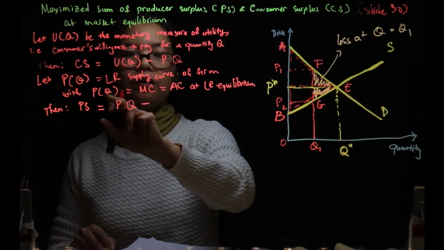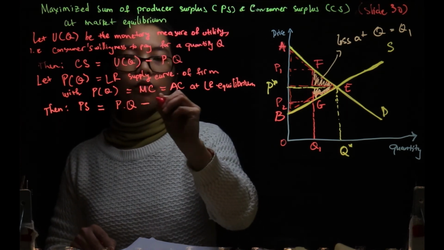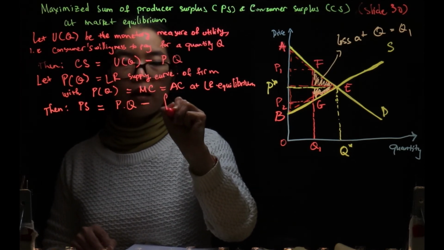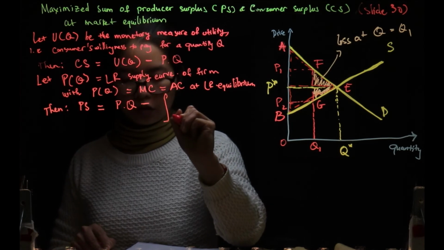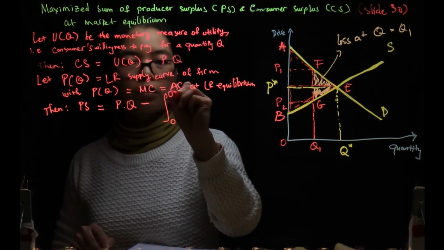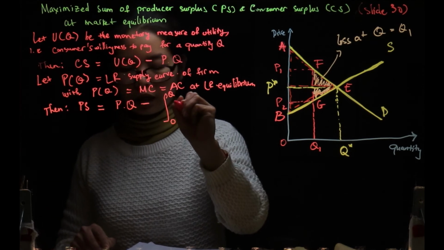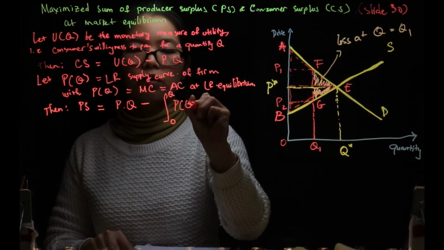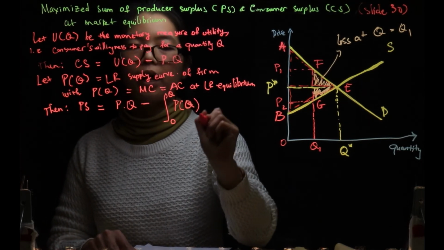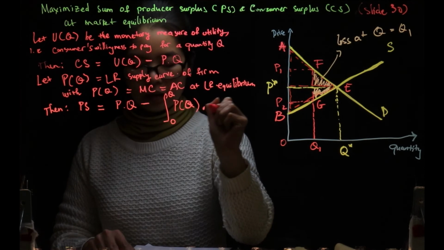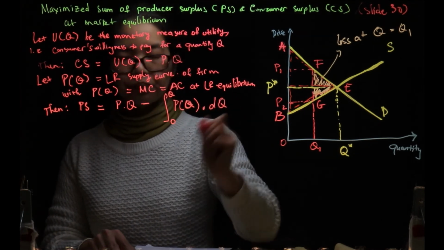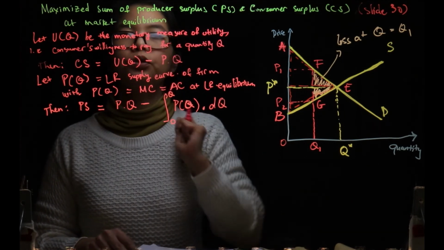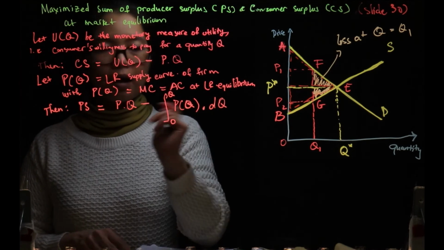Because we said P(Q) equals MC, and remember I explained to you once that if you take the integral from 0 to that point Q of this marginal cost function, which is P(Q) now, with respect to Q, then you get the total cost of producing these Q units. So that's what's happening here.